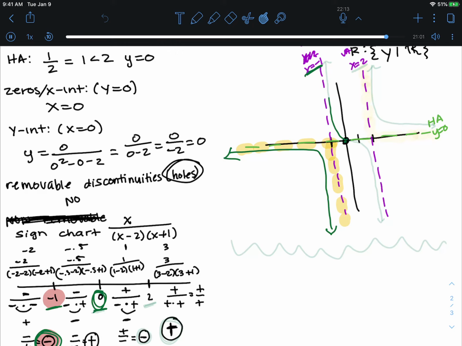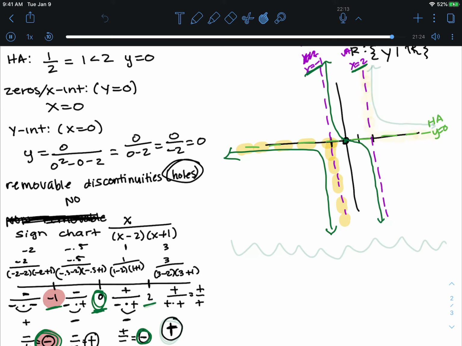So it goes up like this, following the asymptote. Okay, and then from 0 to 2, I ended up being negative. This is my 0 point, and this is my value of 2. So that means that from here, I have to curve this in a way that goes downwards, following the asymptote.